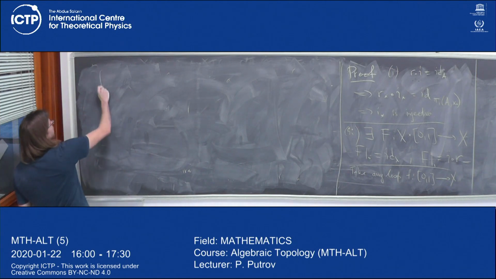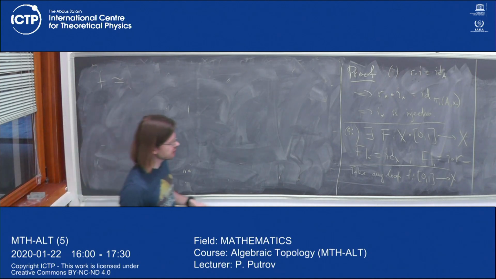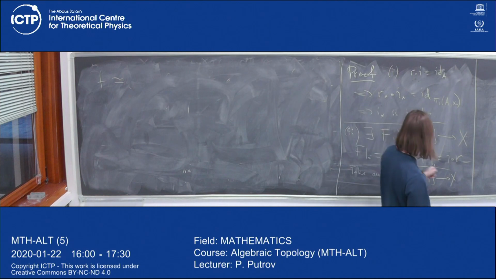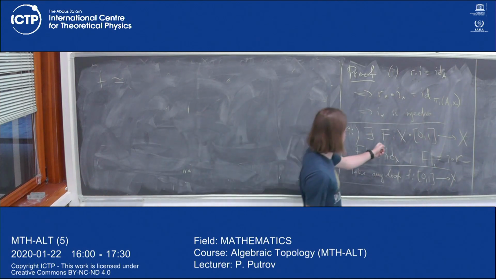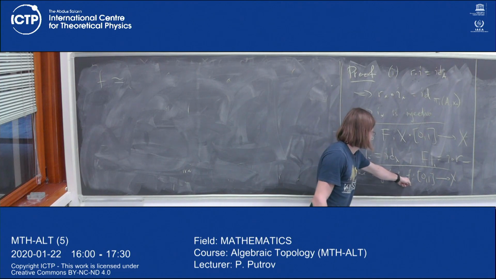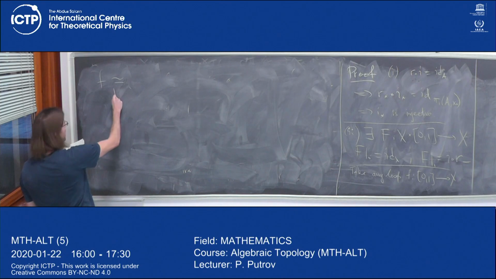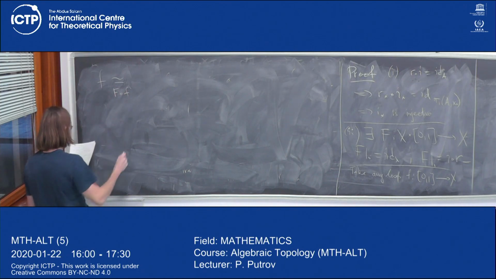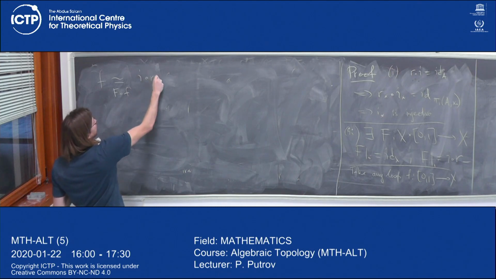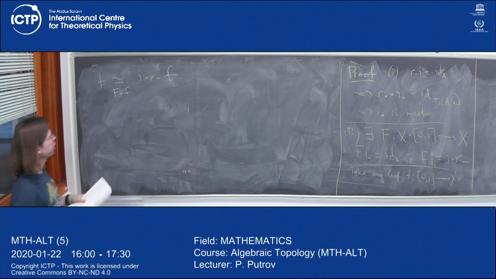And to do this, we notice that because of this, we have a homotopy between identity and this composition. If I compose this big F with my path f, small f here, this gives me a homotopy between these two paths.